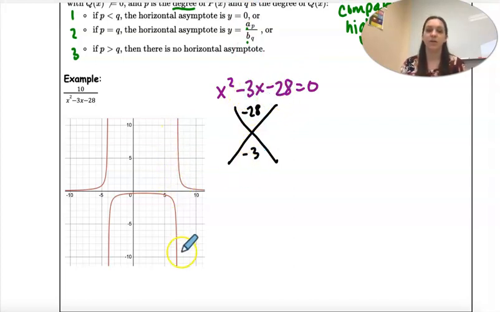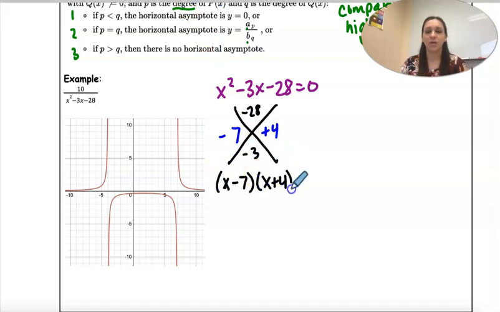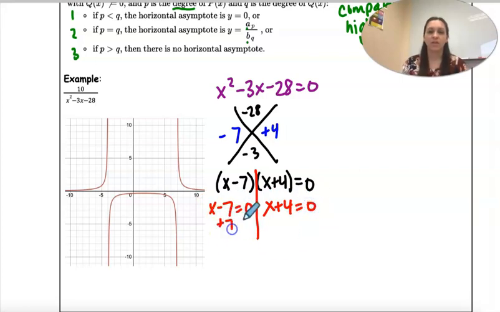Maybe you see them already on the graph. Negative 7 times positive 4. So our factored form would be x minus 7 times x plus 4. And we like factored form because now it's really simple to solve. We take each factor, we set it equal to 0, and then we solve.